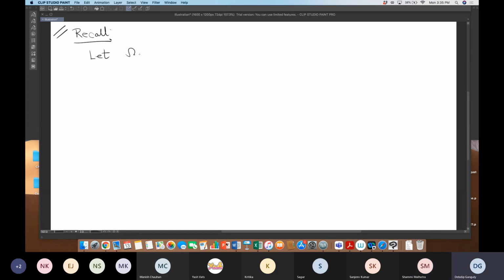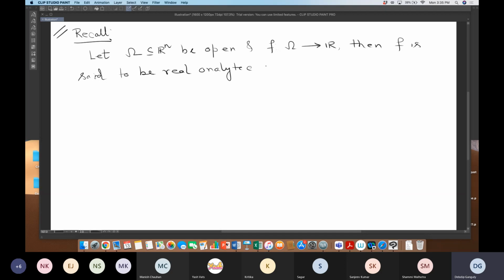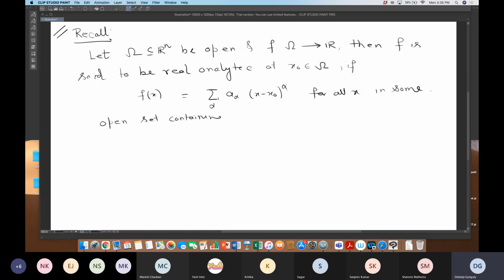Okay, good. Let omega be a subset of R^n, open, and f a function from omega to R. Then f is said to be real analytic at x naught belonging to omega if we can write f(x) equals the summation over alpha of a_alpha times (x minus x naught) to the power alpha, for all x in some open set containing x naught.